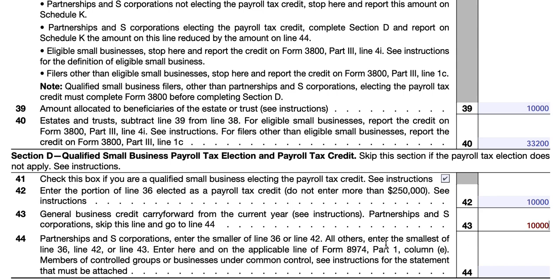Now you'll enter this on here, but then also on IRS Form 8974, which is your qualified small business payroll tax credit for increasing research activities. You'll enter that in part 1, column E, and there you go. So that's all we have for this form.